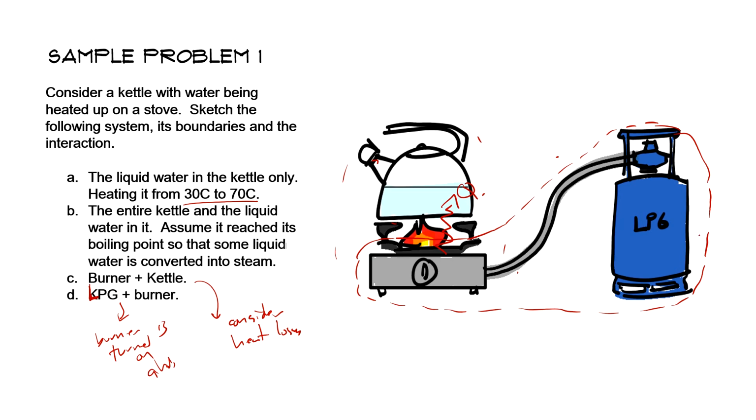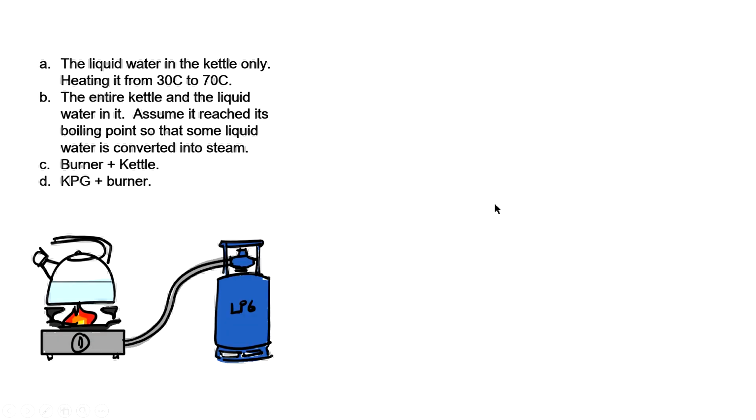No mass is entering this LPG tank, because all the mass that exits here is being burned. So maybe we can say mass of the exhaust, or burned gases. Let's just say burned gases. So that's for our sample problem number 1.